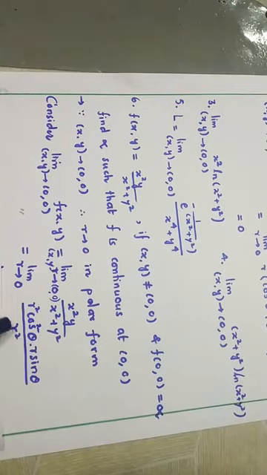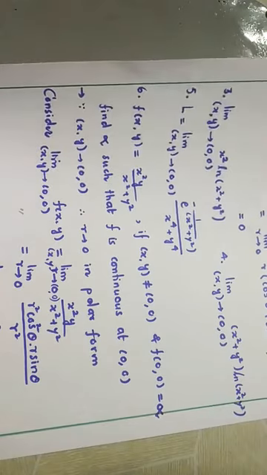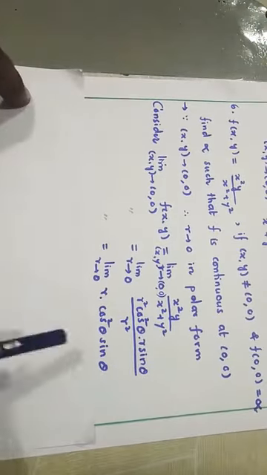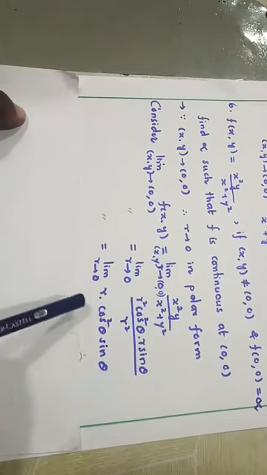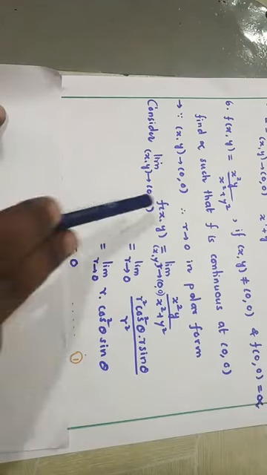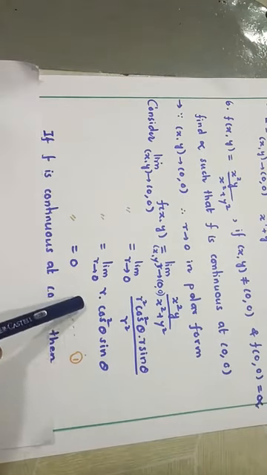So this r square is getting cancelled and we are having r into cos square theta into sin theta. This r will be 0 when r is tending to 0. Okay, so this limit is equal to 0, take it as 1.